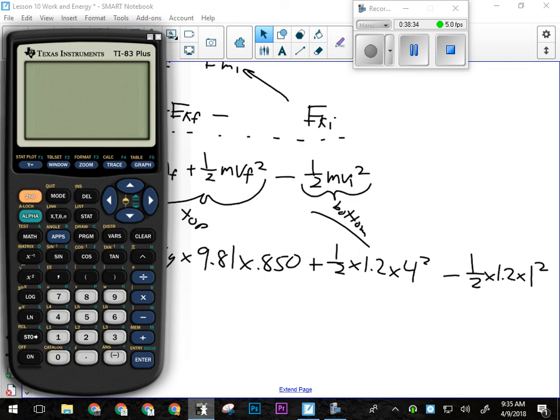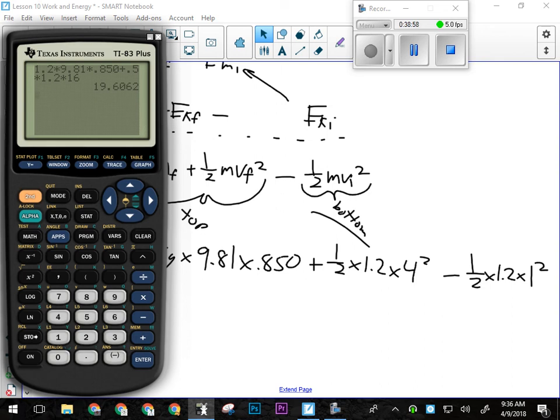All right, so let's see what that looks like here. We have 1.2 kilograms times 9.81 times 0.850. That's my final potential energy. I'm going to add to that 0.5 times 1.2 times 4 squared. So there's my final mechanical energy.